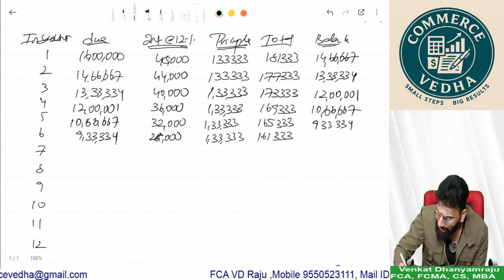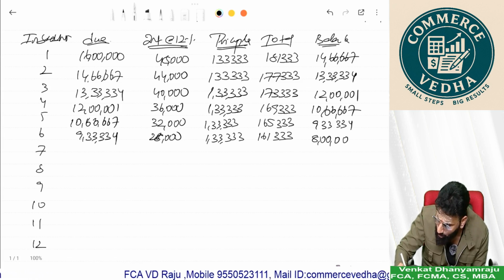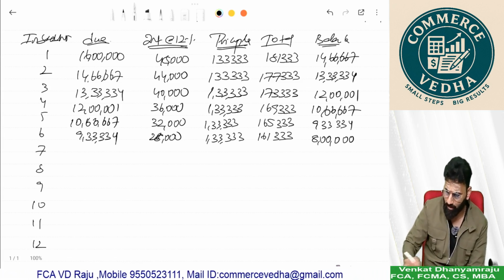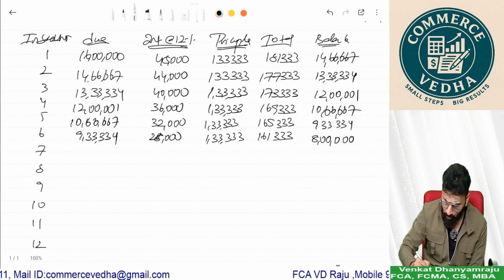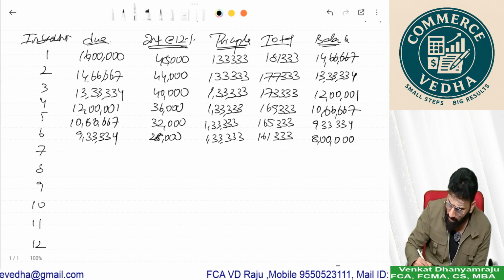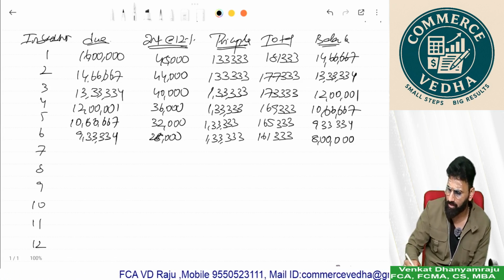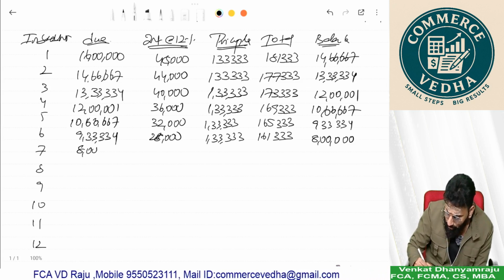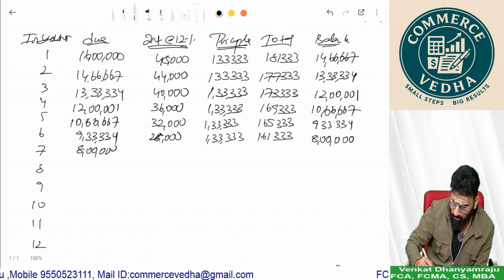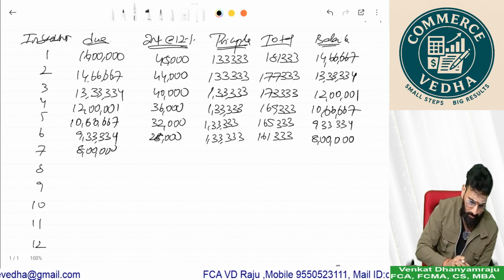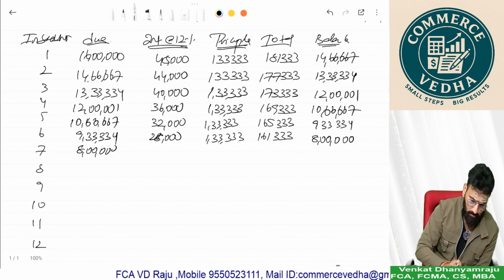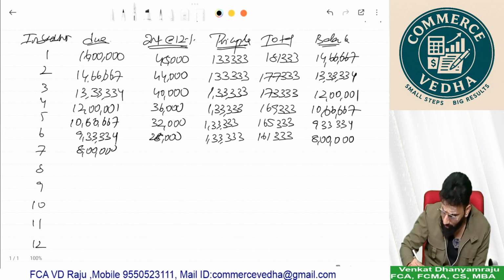Now you remove this from your principal outstanding. It will be 8 lakhs at the end of year 2 or at the beginning of your 3rd year. And then the 7th installment is again how much it is? 8 lakhs due, and on 8 lakhs you have to compute interest, which is 24,000.